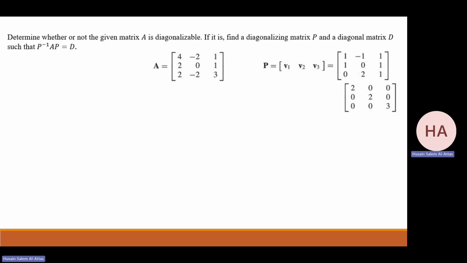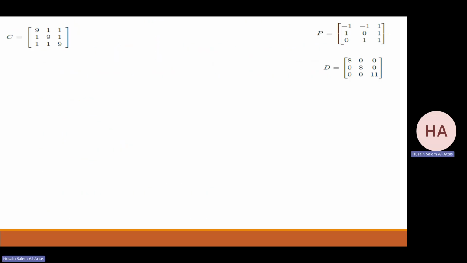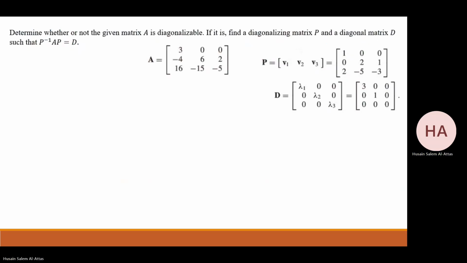Now it's 3 by 3. We'll just do examples, nothing else. Sometimes the calculation becomes a little bit complicated. A minus lambda I, that will be what? 3 minus lambda, 0, 0, minus 4, 6 minus lambda, 2, 16, minus 15, minus 5 minus lambda.